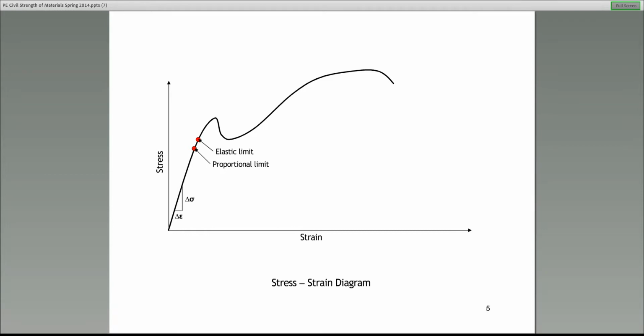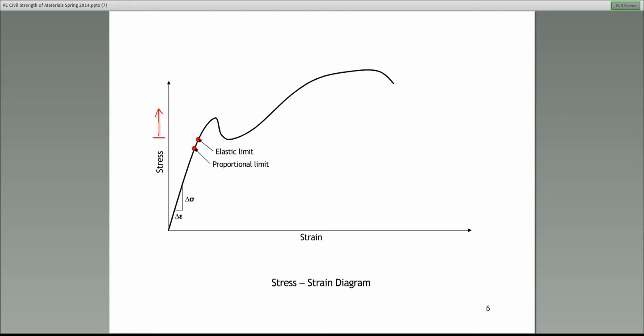However, as the stress increases, in other words, the stress is higher than the elastic limit, then the material behaves in an inelastic or plastic manner. You may ask, what does that mean that a material behaves in an elastic manner?